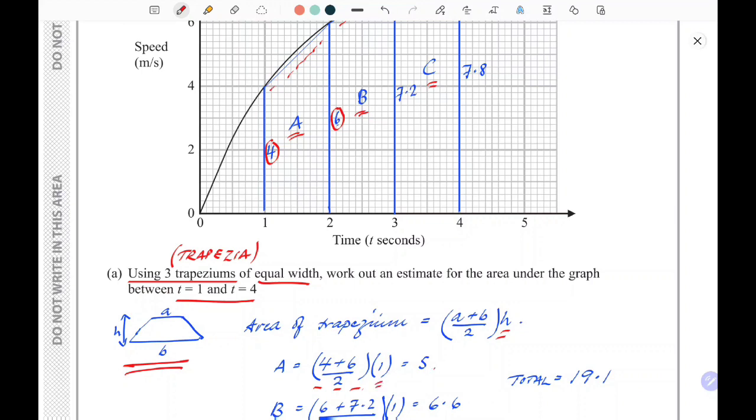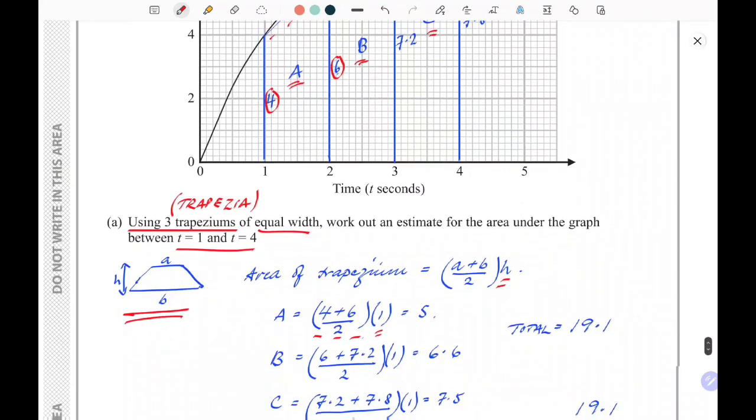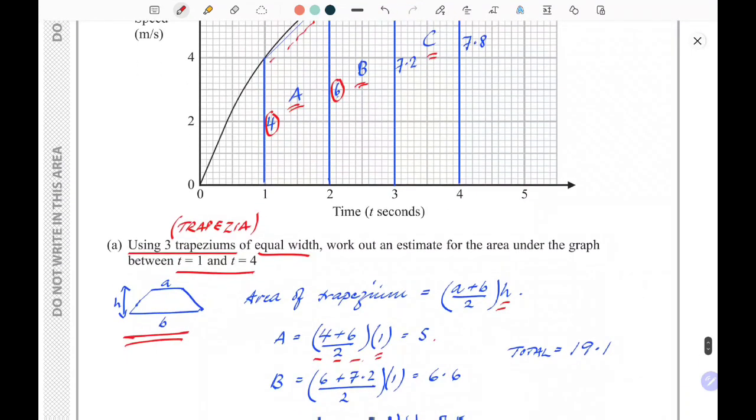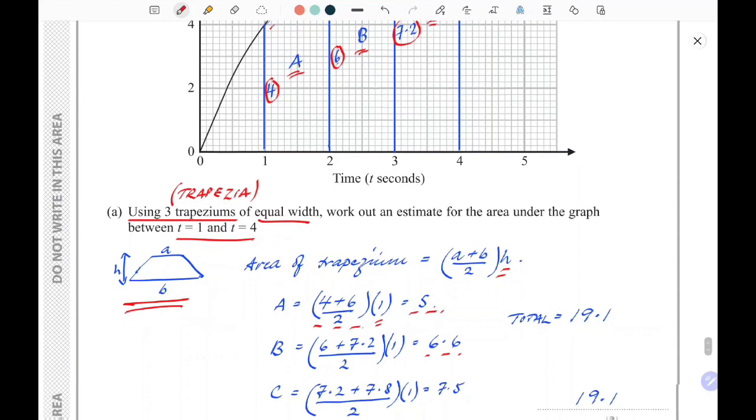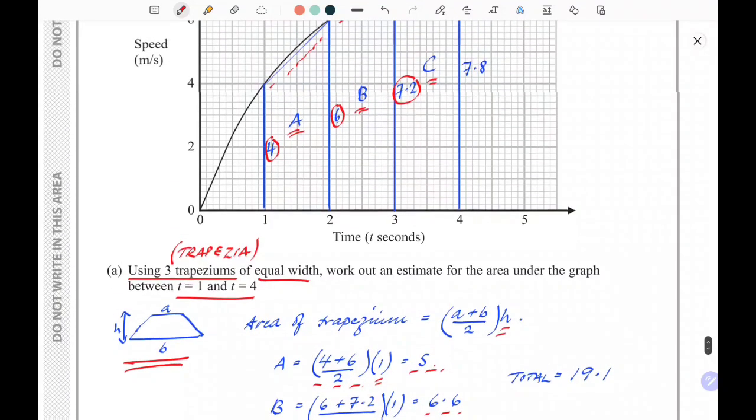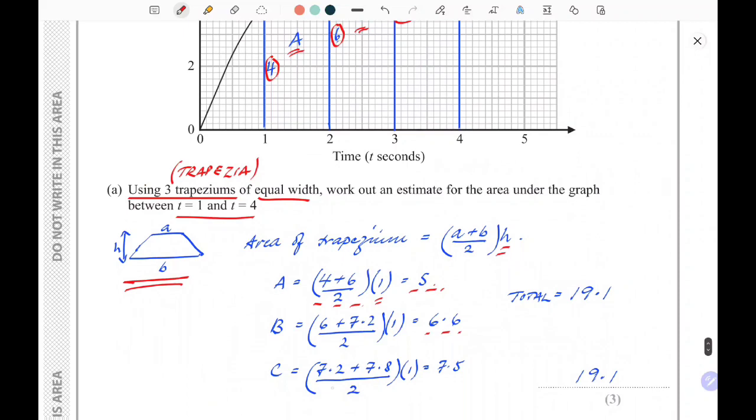So that's 5. Repeating that process for B, we now have sides that are 6 and 7.2. Again, add them, divide by 2, 6.6. And C, you have 7.2 and 7.8, comes to 15 over 2, 7.5. All right.